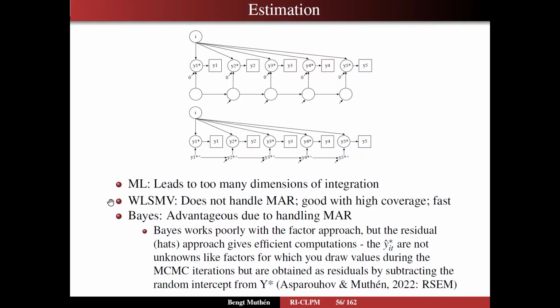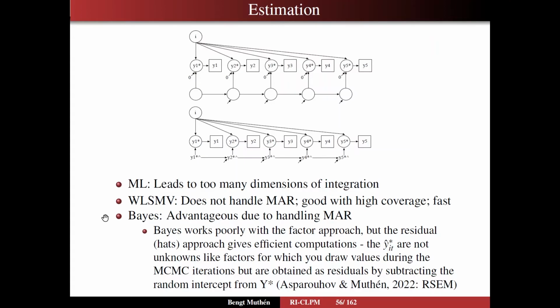However, it does not handle missing data optimally, only handles missing completely at random, but not the more general MAR. It is, however, a very good estimator when the coverage is high, when you don't have that much missing data, because it's very fast and gives you also modification indices, and in this case, with high coverage, it gives estimates similar to the alternative estimators.